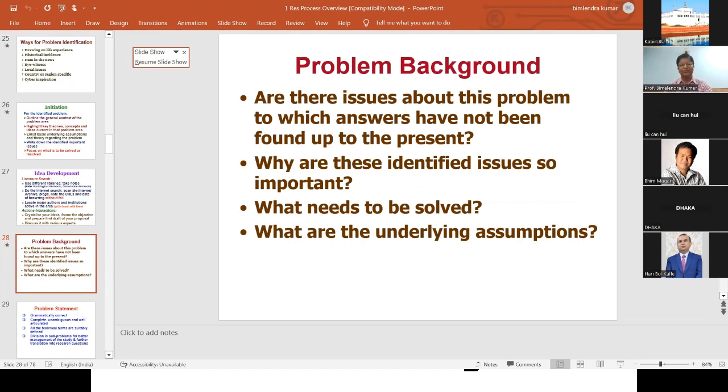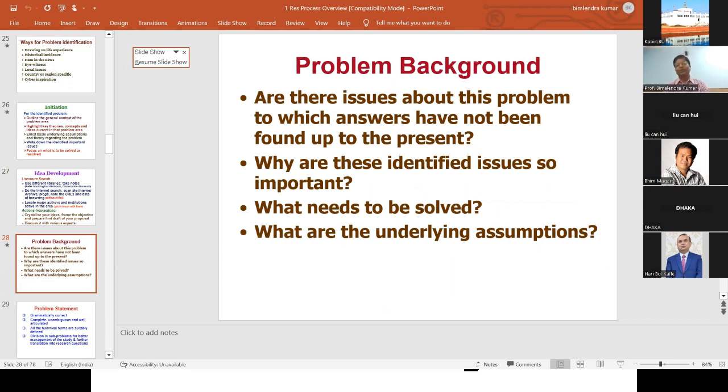Now, what are the background problems taking place in your research? Whether these are issues, problems to which answers have not been found up to the present.